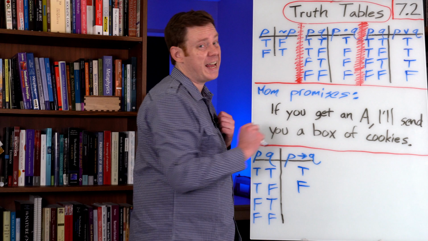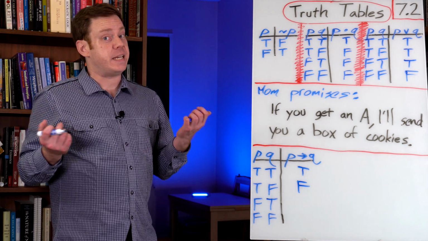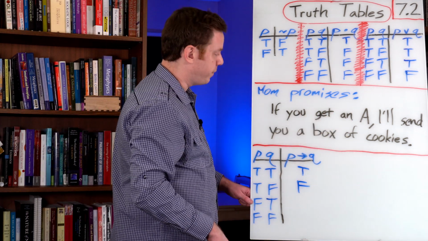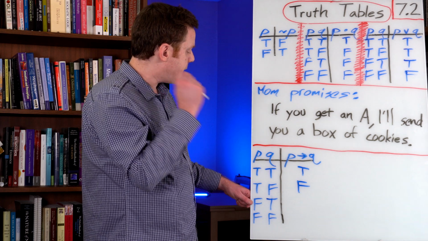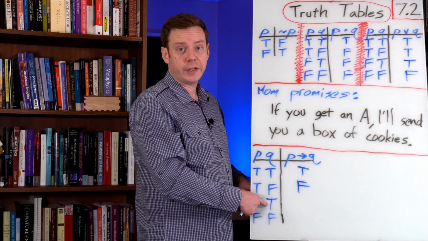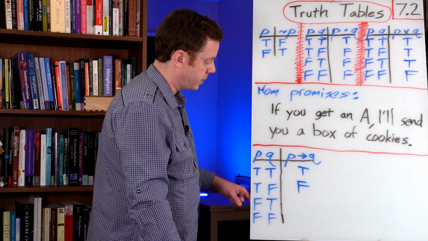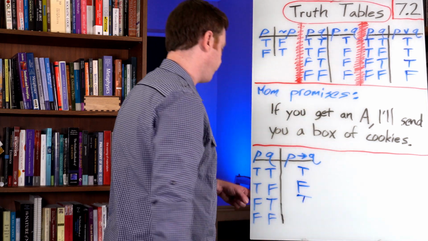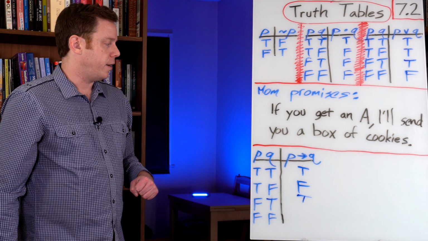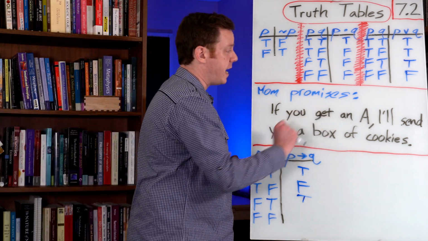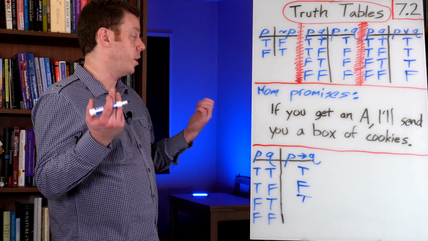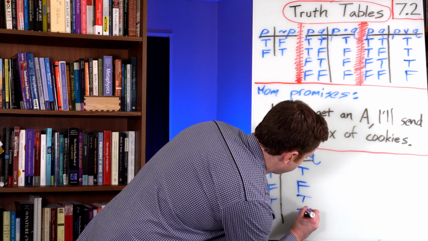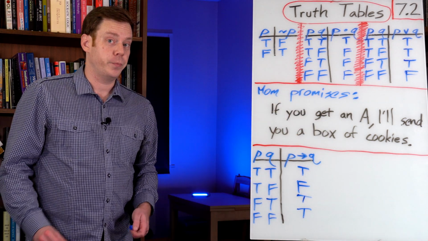Say you don't get an A. Unfortunately, you got a B, maybe even a C, probably a B. But you don't get an A, so it's false that you get an A. But say mom still sends you cookies. So that part's true. She sends you cookies. What's this going to be? Well, it's actually still going to be true. What about if you get that B, so you fail to get the A, and unfortunately, mom doesn't send you cookies? Well, the whole conditional is still going to be true.